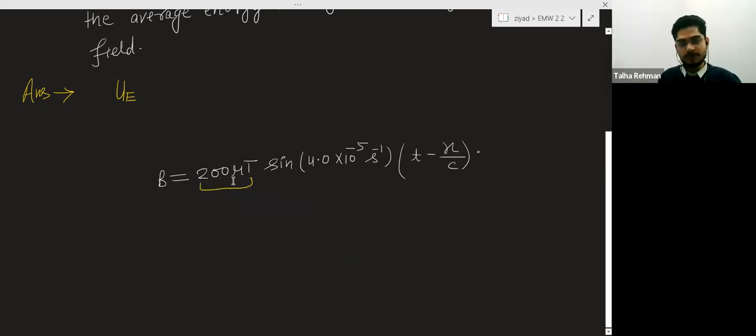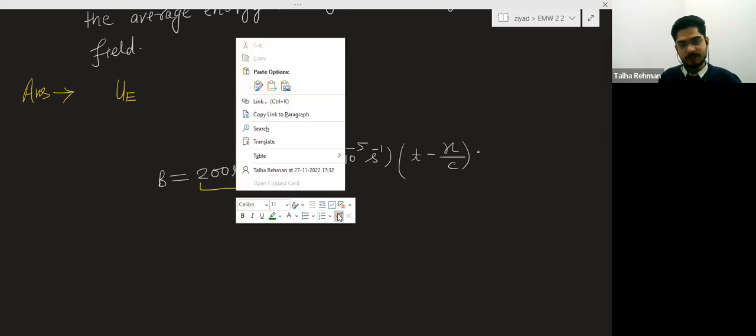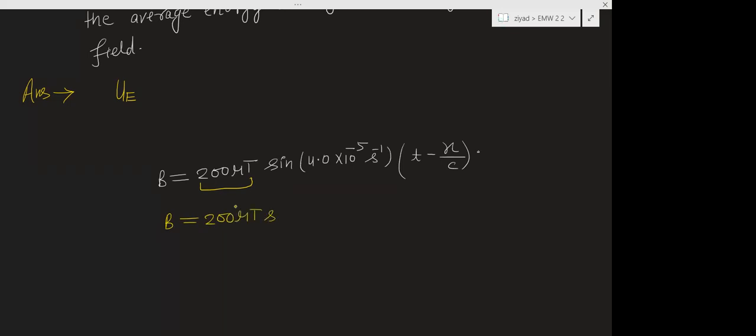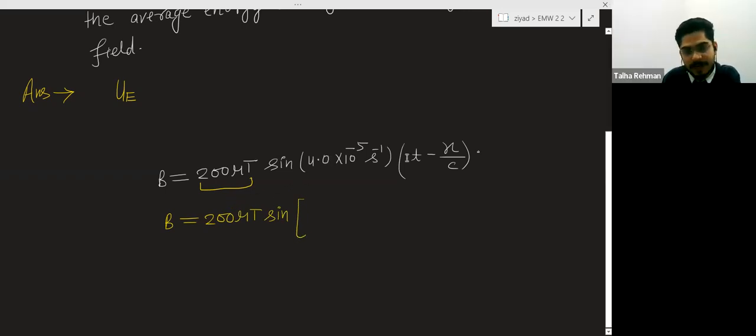Okay, no problem, I am just modifying this equation. We can write this equation as B is equal to 200 micro Tesla sine of, and we can multiply this value into the bracket.